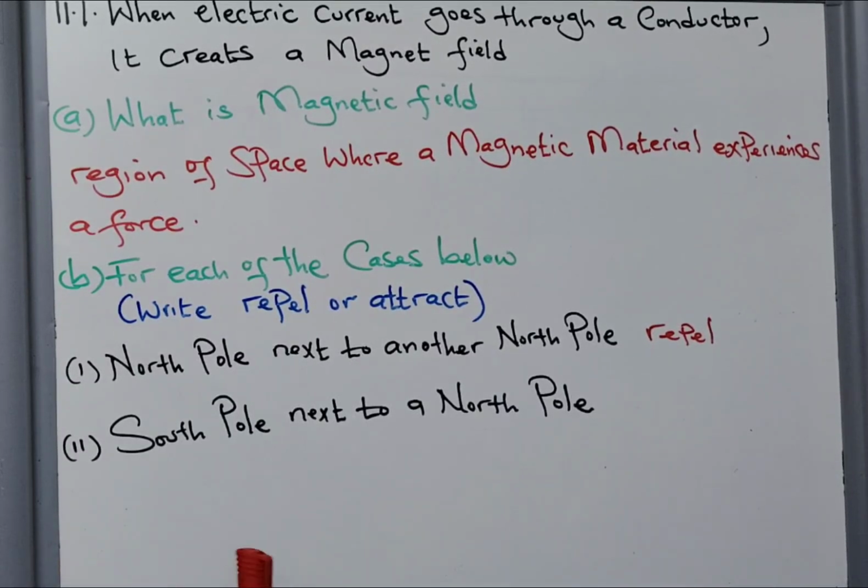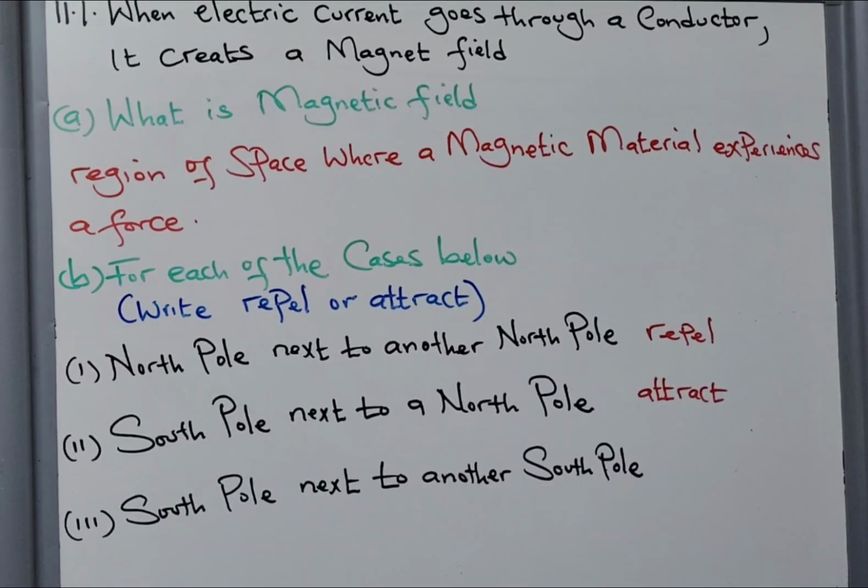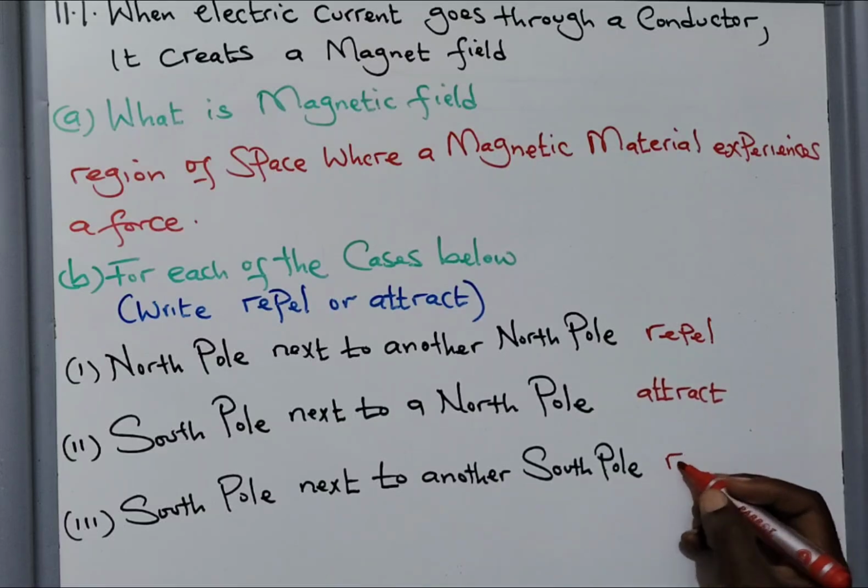Then South Pole next to a North Pole. What happens here? It's attract. Then South Pole next to another South Pole. The answer is repel.